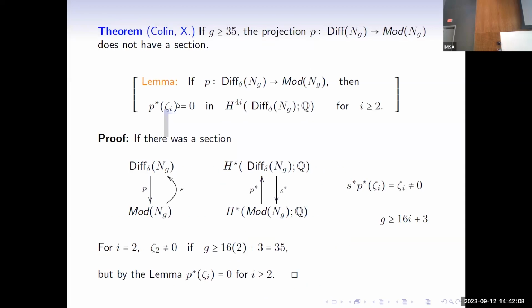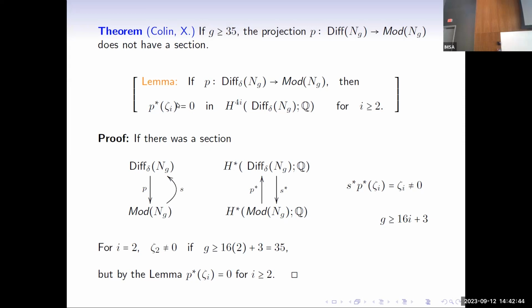All right. So how do we prove the non-existence of a section? What we do is first show that if you look at the projection from the diffeomorphisms of the surface to the mapping class group, and we use the discrete topology, so we're looking at the homomorphism of the discrete group, then the images of these zeta i's are zero in the cohomology of the Diff group.